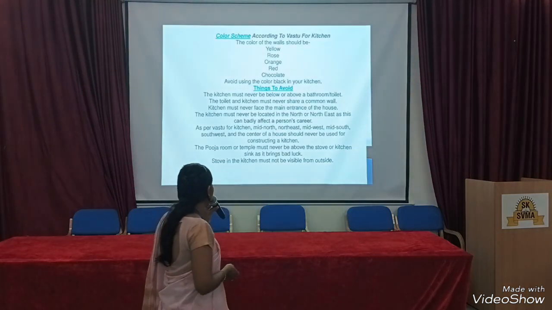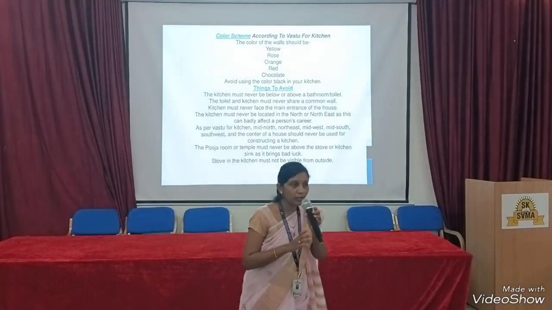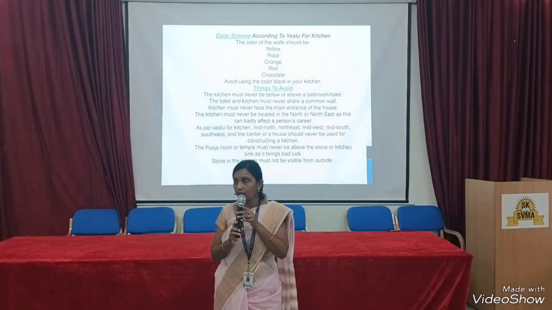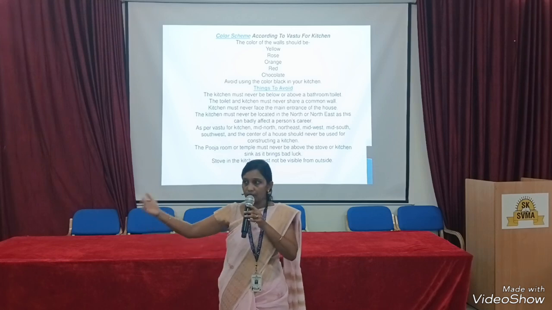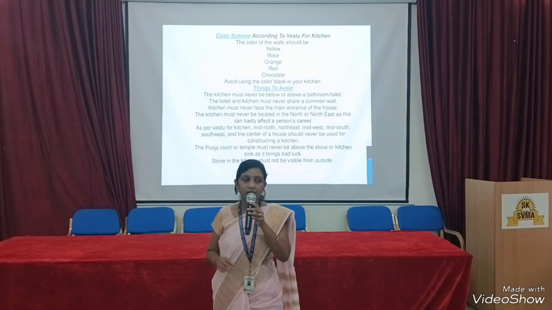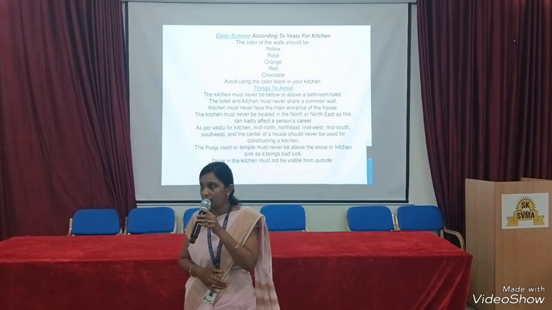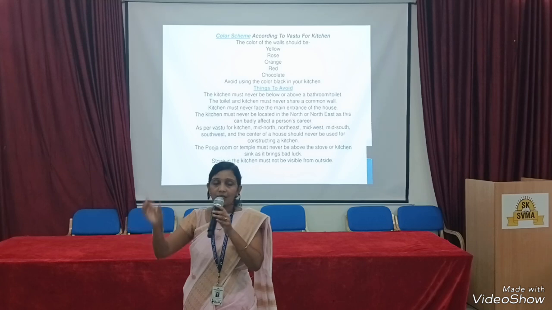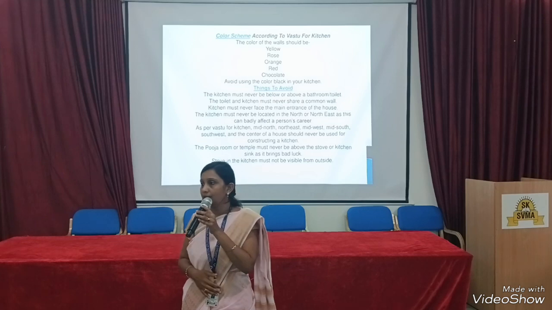The first one: the kitchen must never be below or above a bathroom. On one side of that kitchen, or above it at some height, if a bathroom is there, it will cause negative energy, because it will share a common wall. The common wall should not be there for your toilet and kitchen.